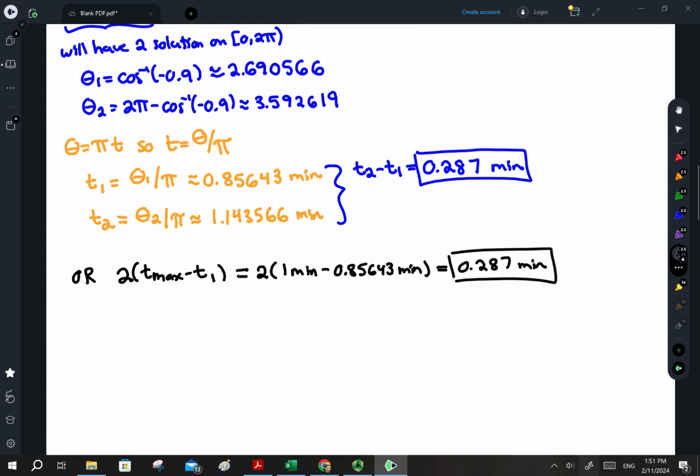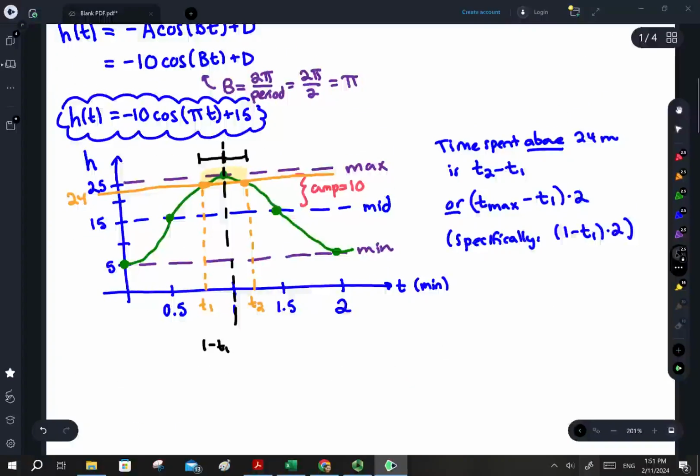However you choose to approach these problems is up to you. Relying on symmetry from the graphs is a wonderful way to approach these problems. I would just highly encourage you that if you choose to use that method, that you do always draw out the graph, because things that seem very simple in this example where there's no phase shift can get a little bit complicated when there is a phase shift.